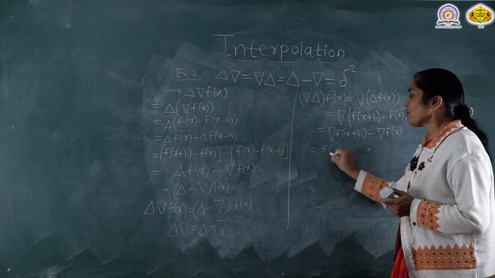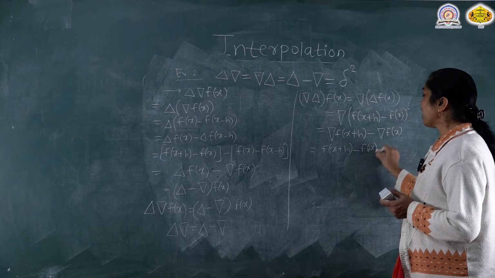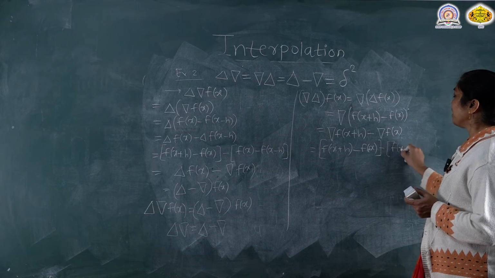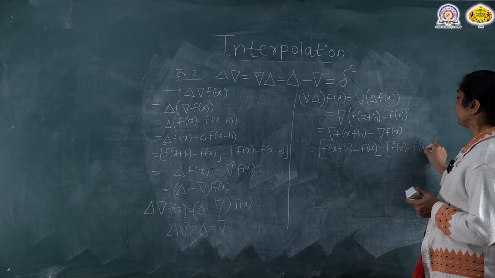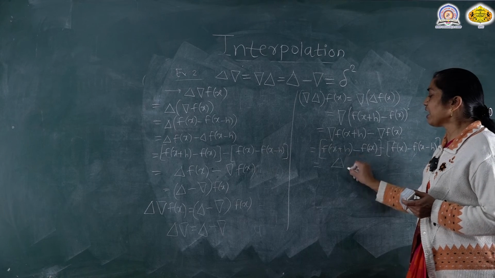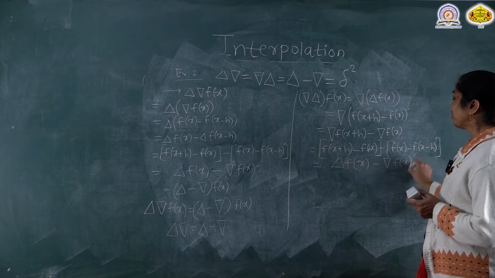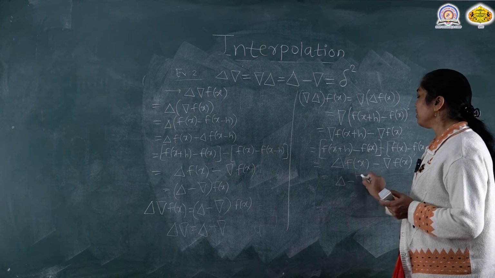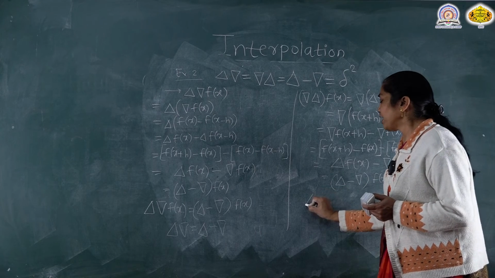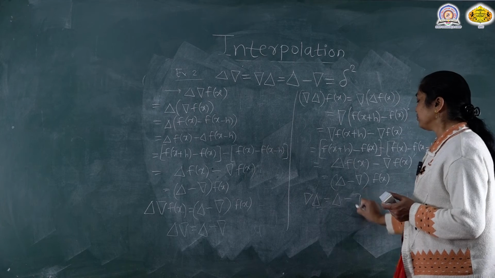It is nothing but f(x + h) minus f(x). And what is ∇ of f(x)? The formula for ∇f(x) is f(x) minus f(x − h). Now observe, the first bracket is nothing but Δf(x) and the second bracket is nothing but ∇f(x). And therefore it comes to be (Δ − ∇)f(x). So in this case also we get ∇Δ is equal to Δ − ∇.